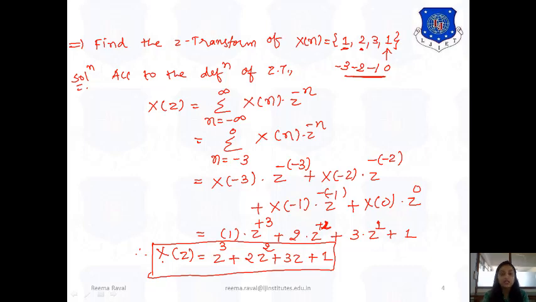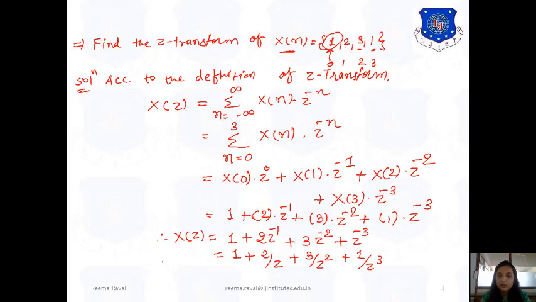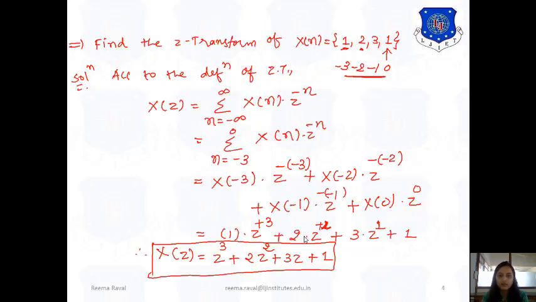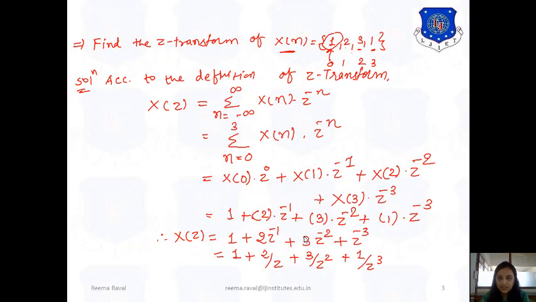Now let us see the difference between these two. In the previous example, as you can see, we had the same data 1 2 3 1, and in the next example the data is also the same, 1 2 3 1. But the difference is according to its arrow. In the first example we took the arrow at the first position, that means n equals 0 is one instant, that is value 1.